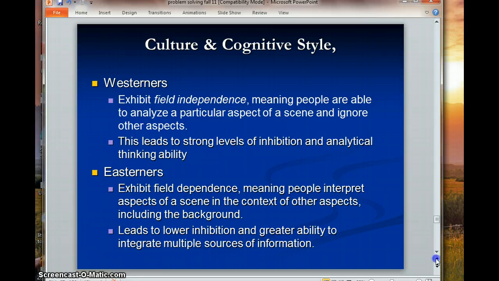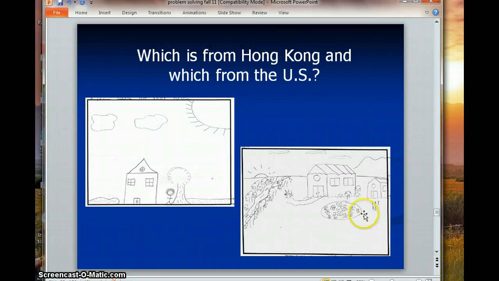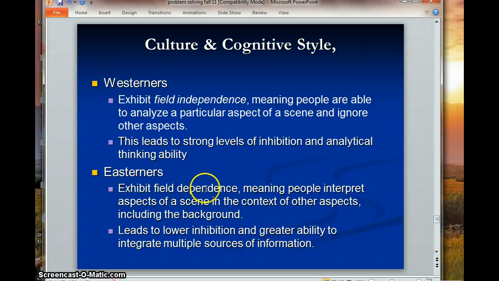So if we go back to that picture right here, we see a lot of representation of the background context, and each individual has no meaning unless we consider the background. People who exhibit field dependence have lower levels of inhibition. They don't want to inhibit the background. It's necessary in order to understand what's going on in the front.